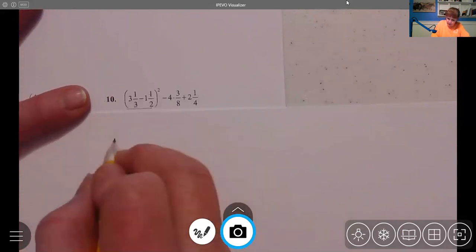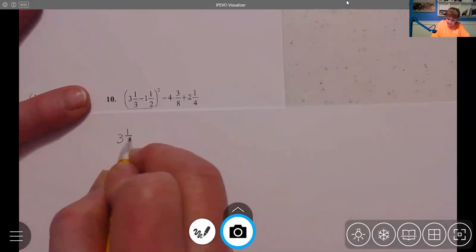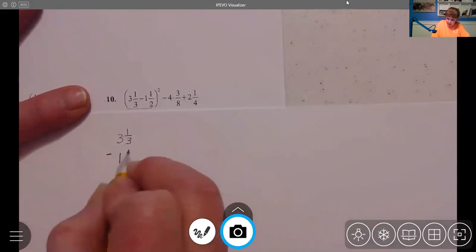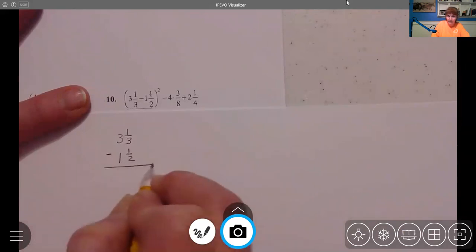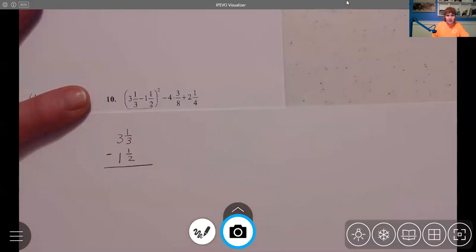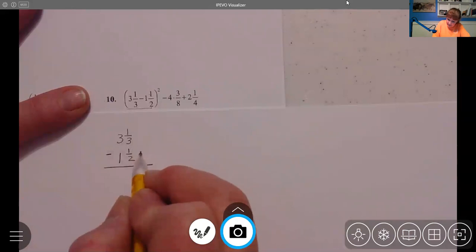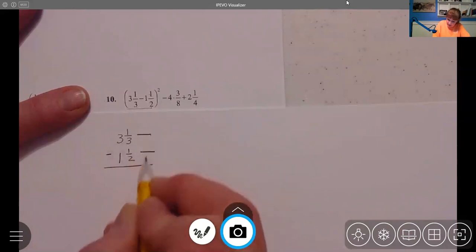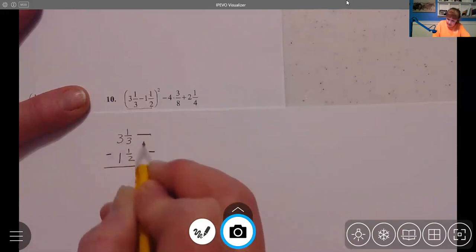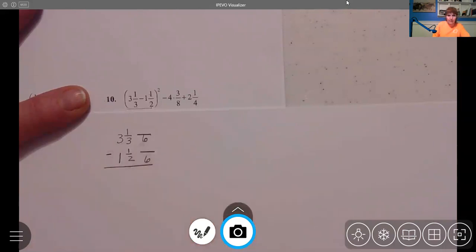So we have 3 1/3, and we're going to subtract 1 1/2. Okay, inside the parentheses. Notice that the 3 is larger, so I put it on top, and it's positive. The larger one is positive, so I know my answer will be positive. I'm going to get a common denominator. Great review of adding mixed numbers. That common denominator is 6.